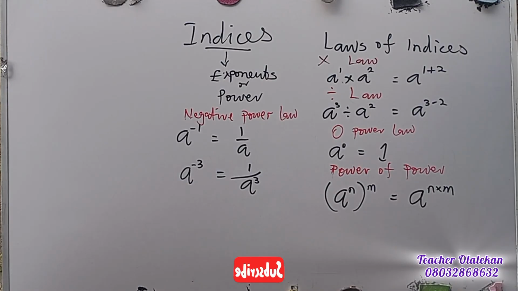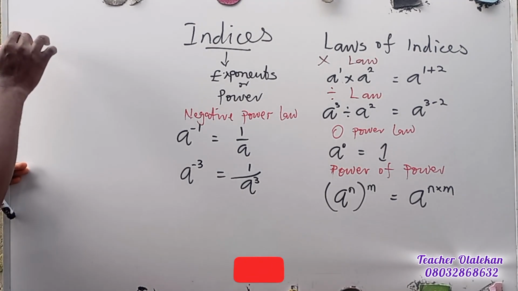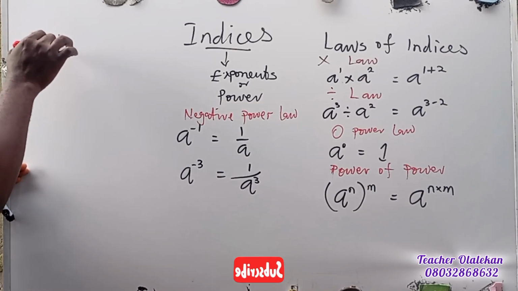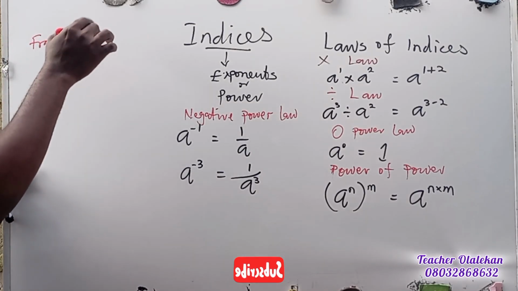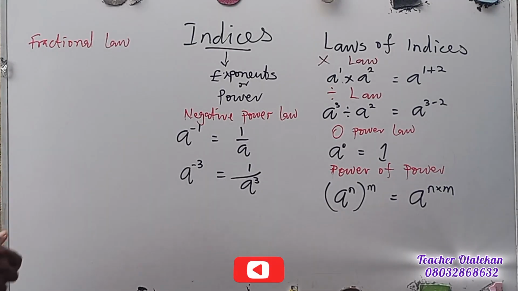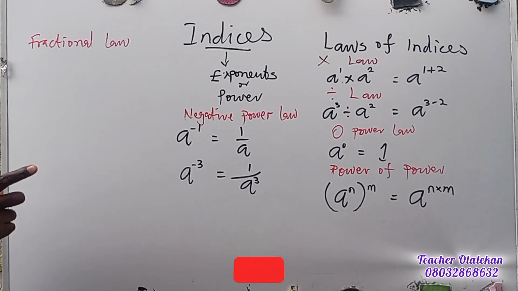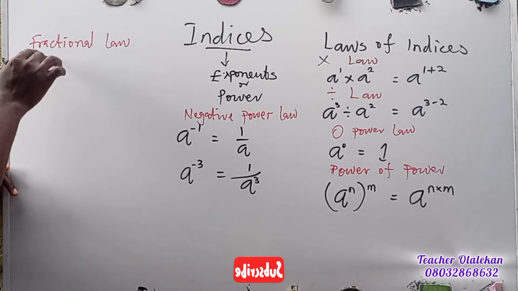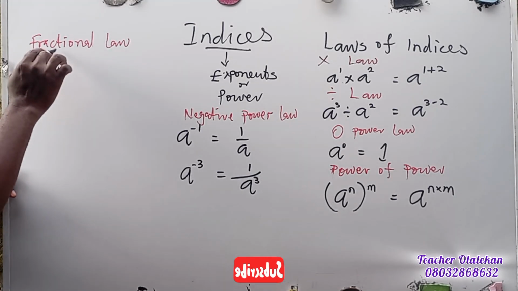So aside the negative power law, we also have the fractional law. The fractional law is in two types. It means that anything raised to a power that has an exponent of a fraction, let's say we have a raised to power 2 over 3.